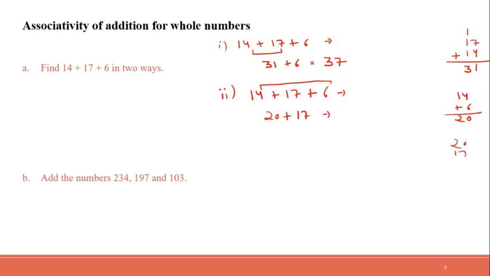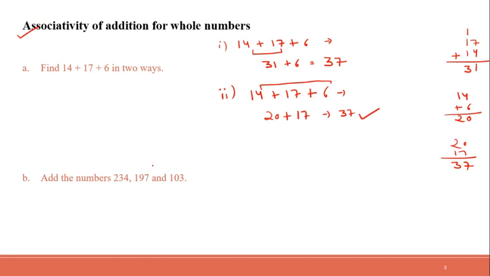I know it is 37 because here it is 0 and 7, so I'll write 7 only, and here 2 plus 1, 3. So 37. This is the more convenient way of adding the numbers. So try to associate the numbers which can make more zeros, and it will make your calculation easy. So this is the use of this property of associativity, right?